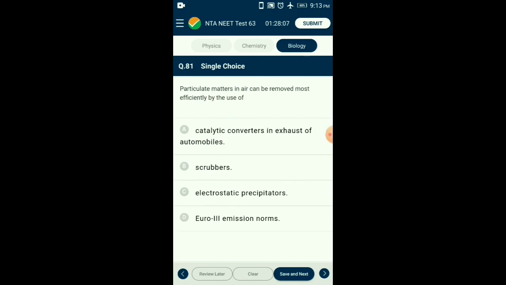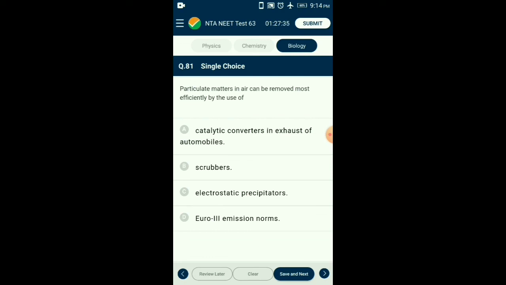Question number 81. Particulate matter in air can be removed most efficiently by the use of. The most widely used is the electrostatic precipitator, which can remove over 99% of particulate matter present in the exhaust from a thermal power plant. It has electrode wires that are maintained at several thousand volts, which produce a corona that releases electrons.